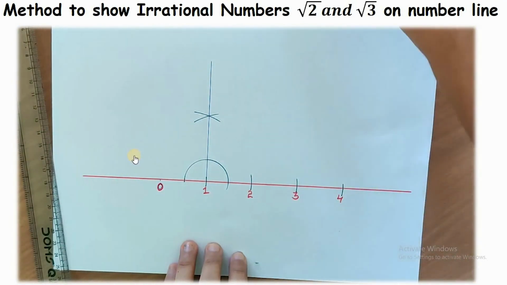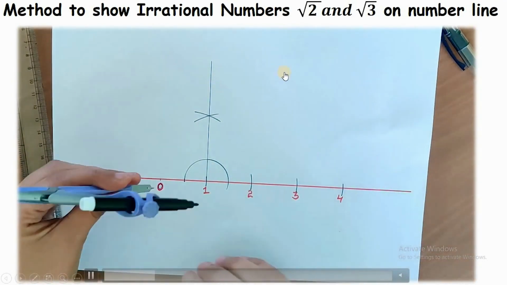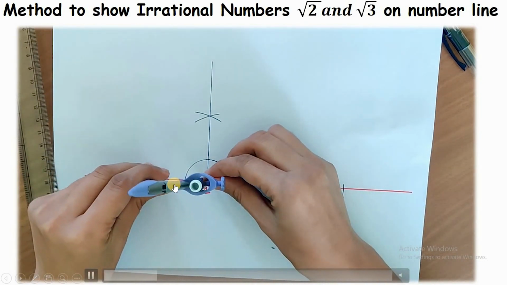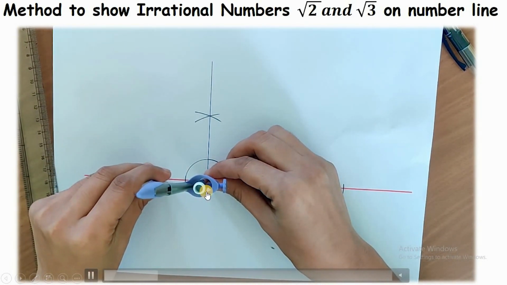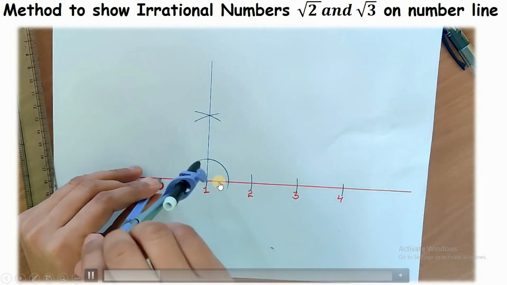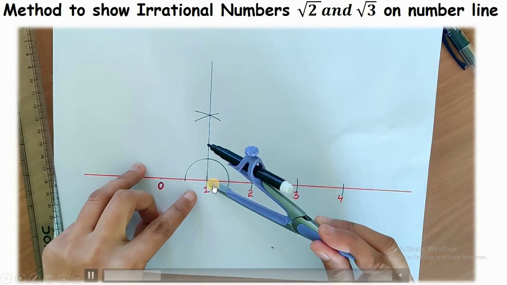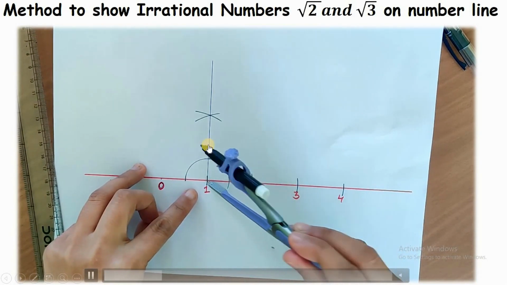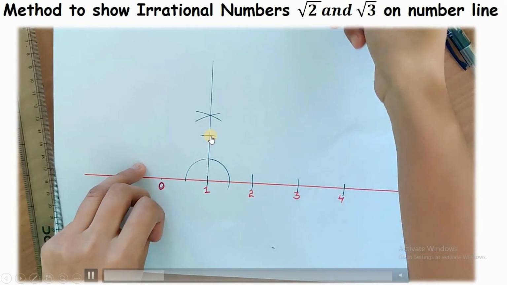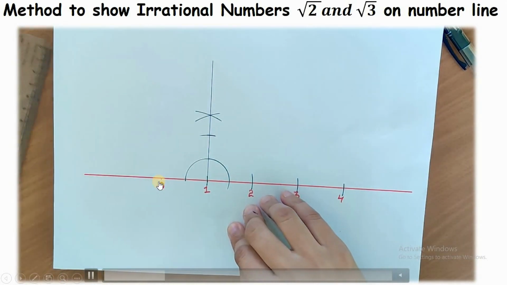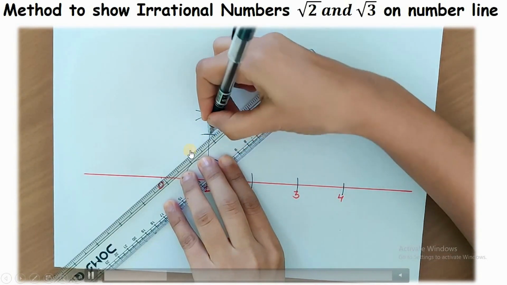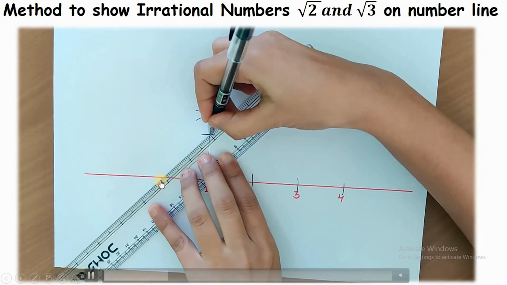Now to make root 2, what we do is measure the length of 0 and 1. 1 unit we take and mark 1 unit on the perpendicular line that we have drawn. Here it goes. And join the 1 unit intersection point from the perpendicular to the 0.